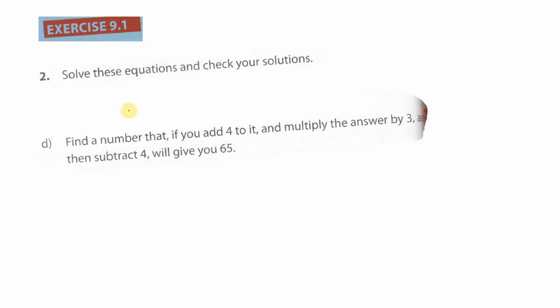Number D. Find a number that if you add 4 to it and multiply the answer by 3, then subtract 4 will give you 65. So we don't know the number, so let the number be x. So find a number that if you add 4 to it, so we take the number, we add 4 to it, and multiply the answer.